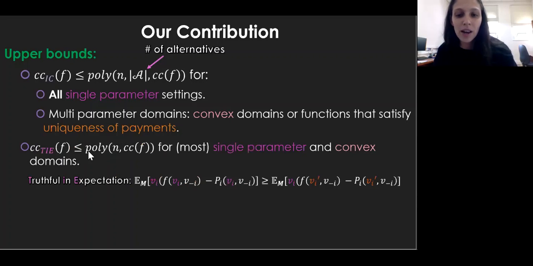And we also show that if we compromise on truthful in expectation mechanisms, then we get relatively efficient algorithms for single parameter and convex domains.